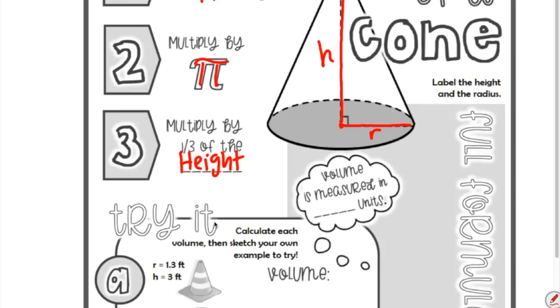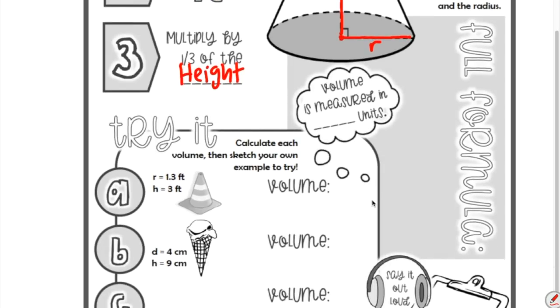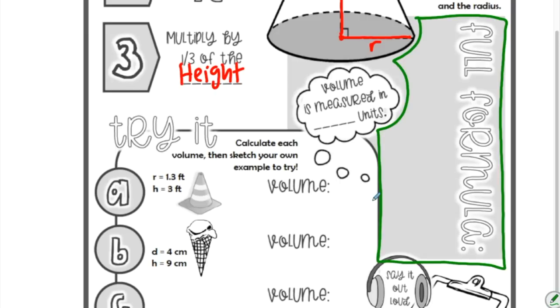So the entire formula, the full formula, is going to be to the right over here. The full formula is volume equals pi times your radius squared.